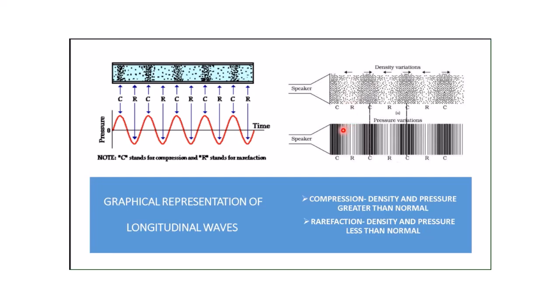Thus, when a longitudinal wave passes through air, the density of the air changes continuously and so does the pressure. This is depicted in the second one. The darker regions are the compression regions where the pressure is high, and the lighter regions are the rarefaction regions where the pressure is low.